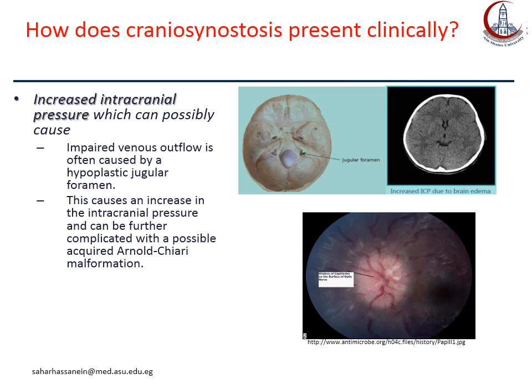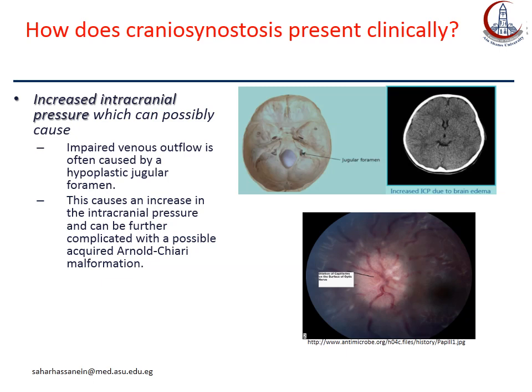How does craniosynostosis present clinically? We said the abnormal shape in single suture, but in multiple suture affection, there will be increased intracranial pressure, which can possibly cause impaired venous outflow. It is often caused by hypoplastic jugular foramen.